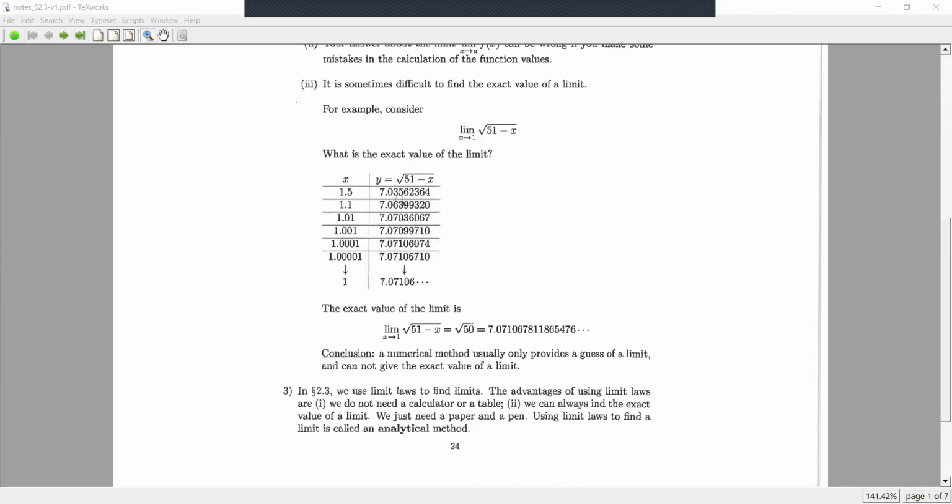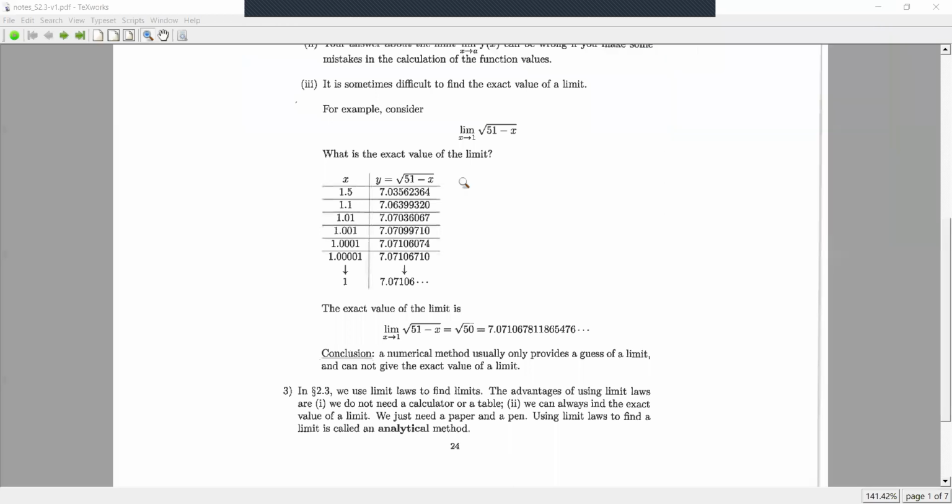So by a table, I cannot exactly tell this number. Now, based on this example, we can conclude that a numerical method by table usually only provides a guess of a limit and cannot give the exact value of a limit.